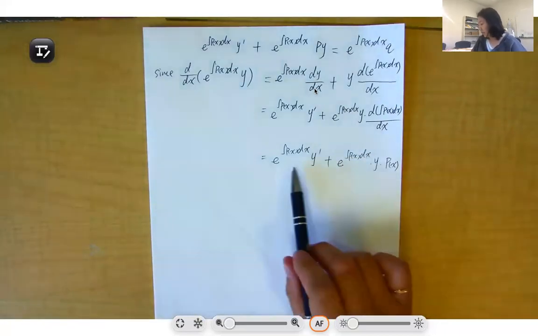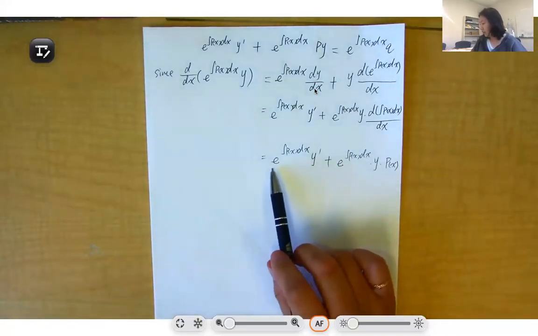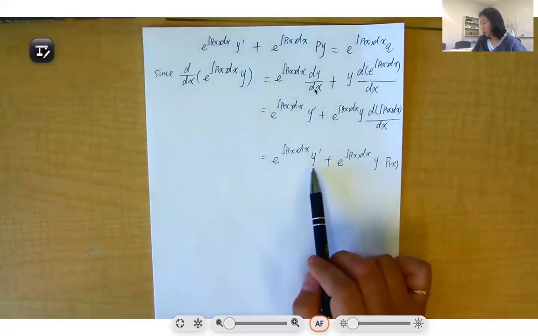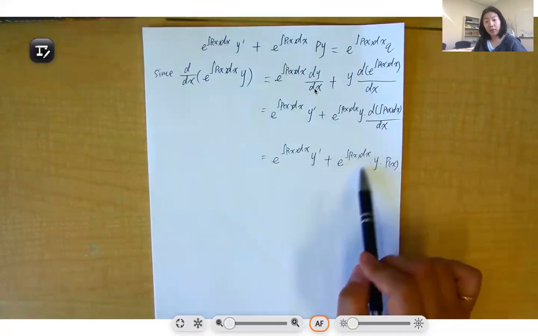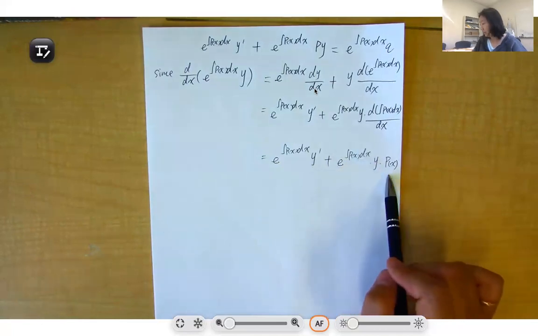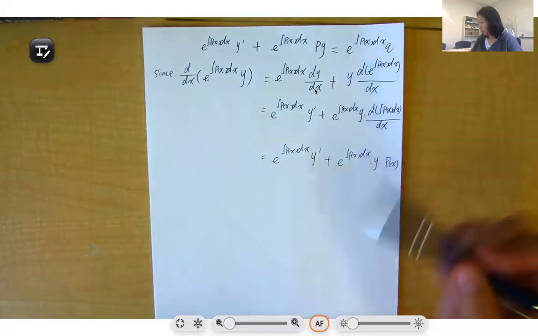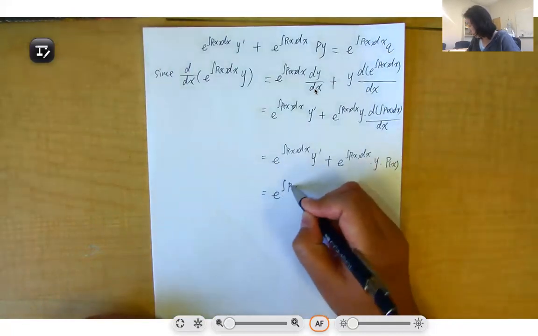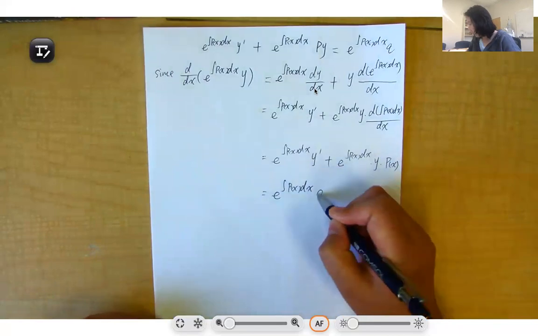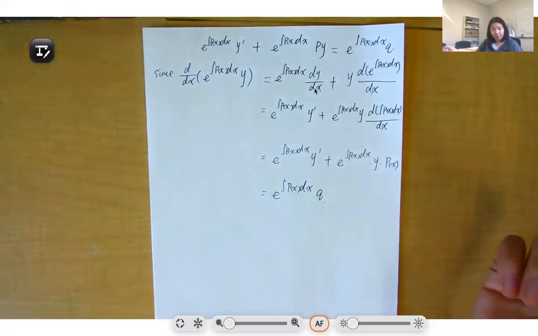And if you see this equation, this exponential part times y prime plus this exponential part times y times p, that is equal to the right side, which is e to the integral of p dx times q, right?